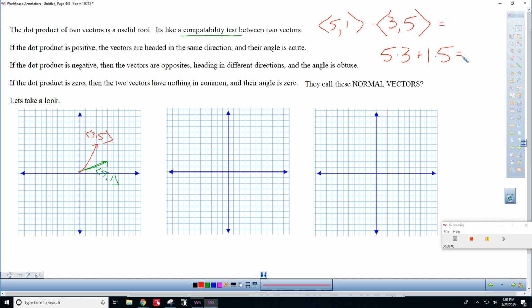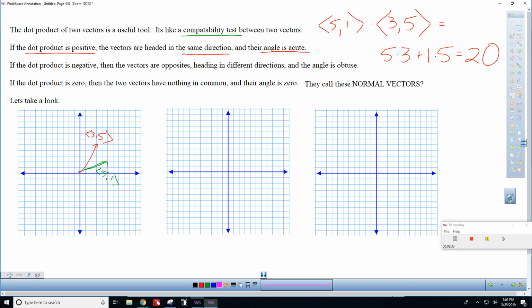Oh, it's a scalar. So it is an operation that you take with two vectors, and when you answer it, you get 15 plus 5, you get 20. Notice that these are headed in the same direction. The angle between the vectors is acute, and the dot product is positive.